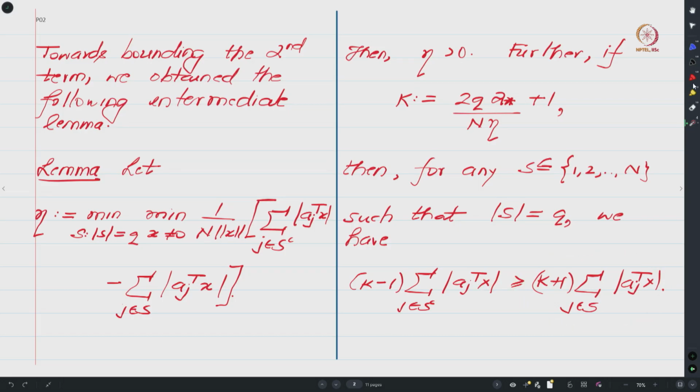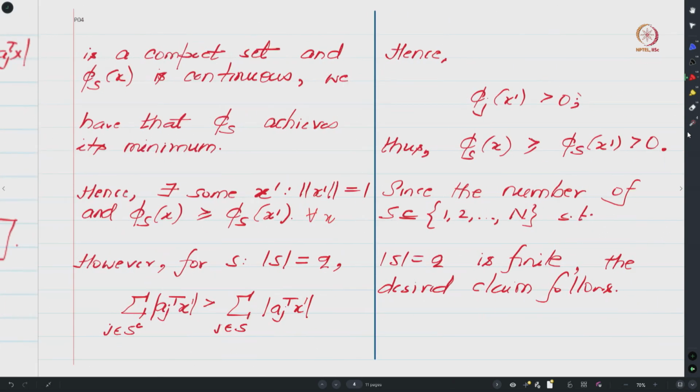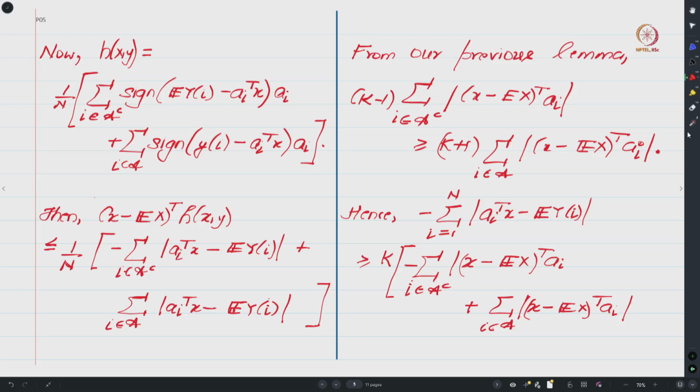So in place of x, if I replace this with x minus expected value of x, one can see that we will end up with an inequality of the following form, right. So wherever x is there, I have replaced it with x minus expected value of x transpose, and we will indeed get the inequality of the following form, right.